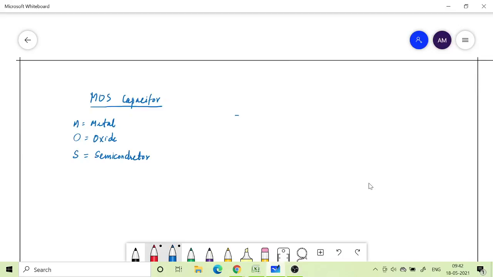Okay, so if I draw the structure, say this is my metal, and then I have an oxide, and then I have my substrate, which is basically made up of semiconductor.